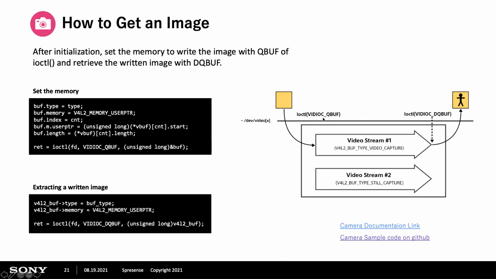You just need to do the QBUF, which means you dedicate a memory to save that picture, and then you use DQBUF to retrieve it. The steps to set the memory are written here, and then you can get that image following this instruction. I am done with this camera section.